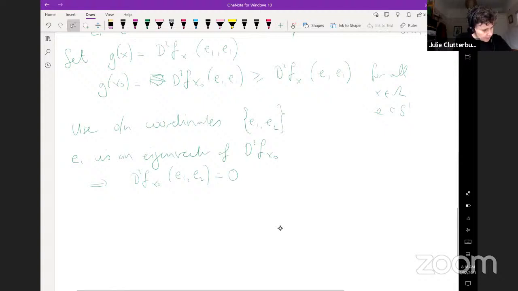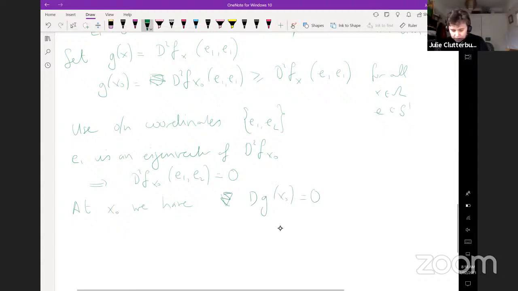And okay, so at this interior maximum x naught of g, we have the gradient of g is equal to 0, and we have the Laplacian of g is less than or equal to 0.